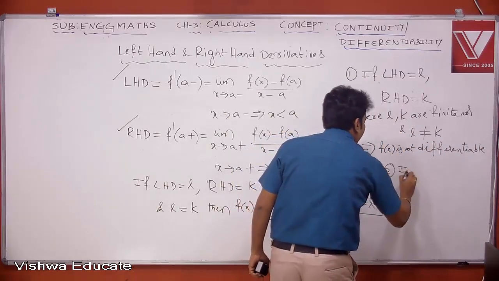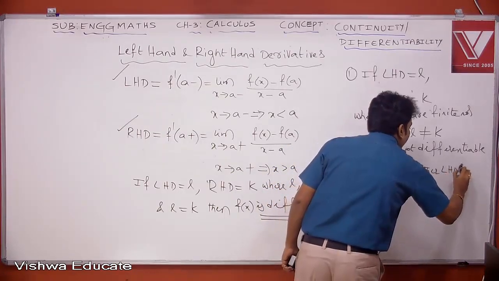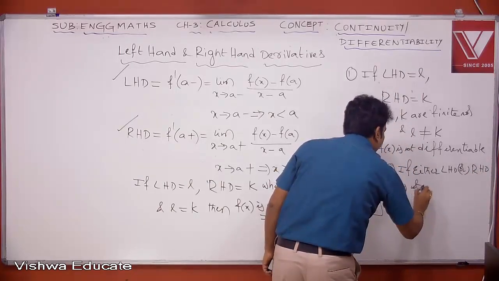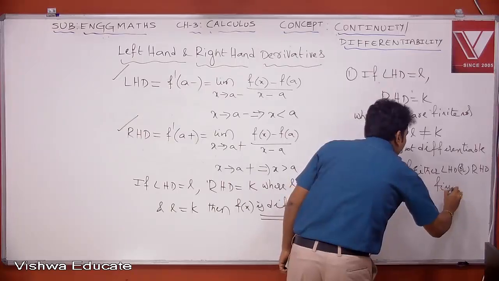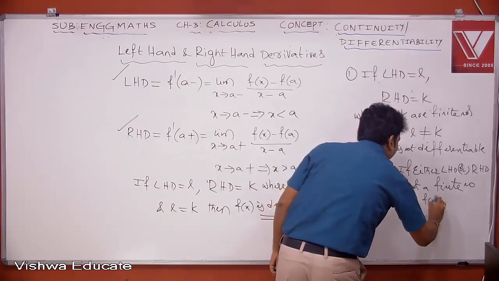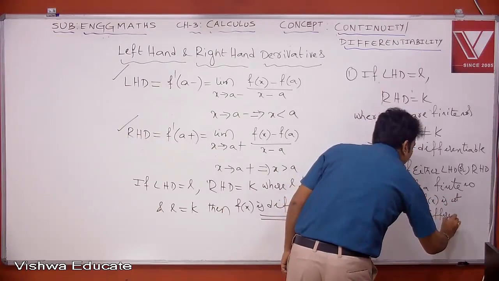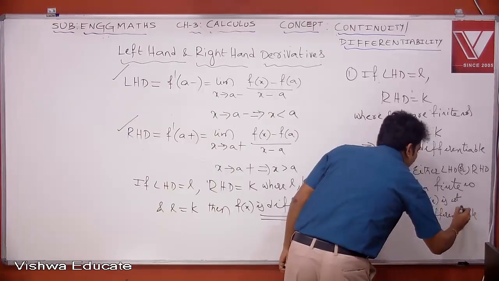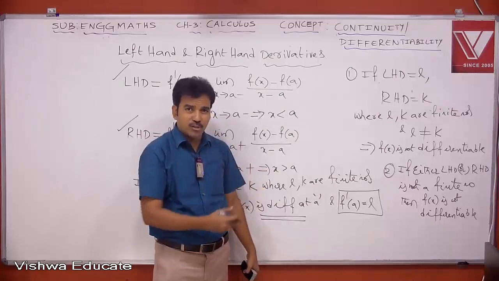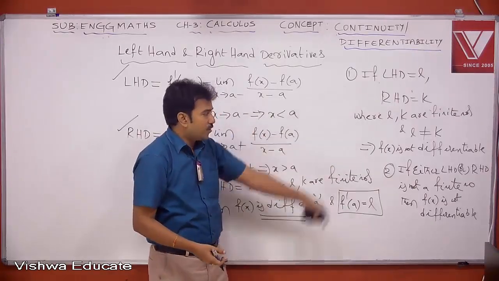Another possible case is if either LHD or RHD is not a finite number, then also f of x is not differentiable at that point. So these are the two possible cases where a function is not differentiable. Okay, note these points. These are just like left hand and right hand limits.